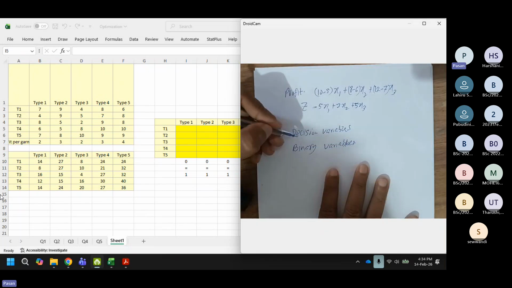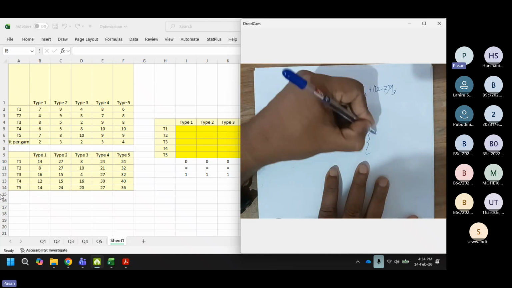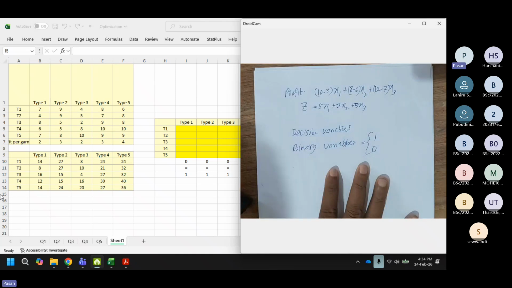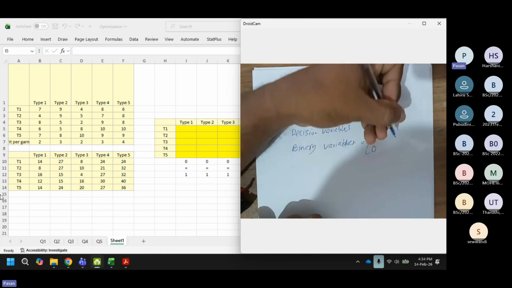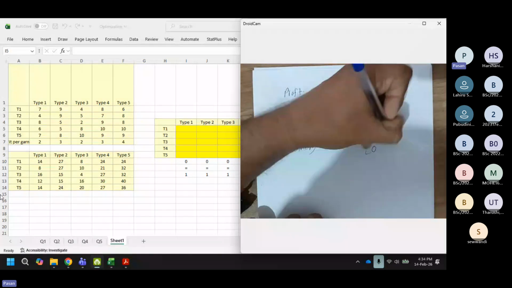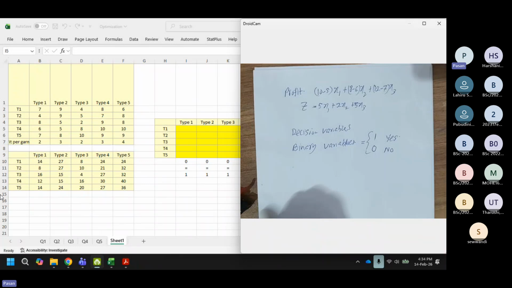That means they take only the values 1 and 0. 1 means we are saying yes, and 0 means we are saying the decision is no. A yes or no situation, right?